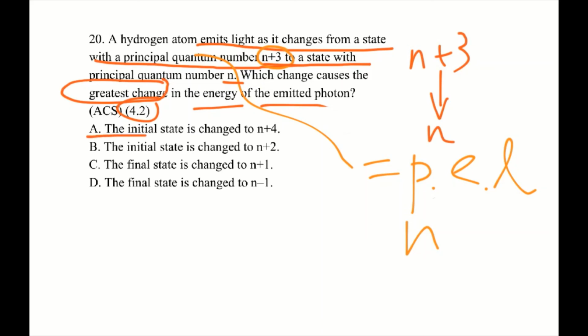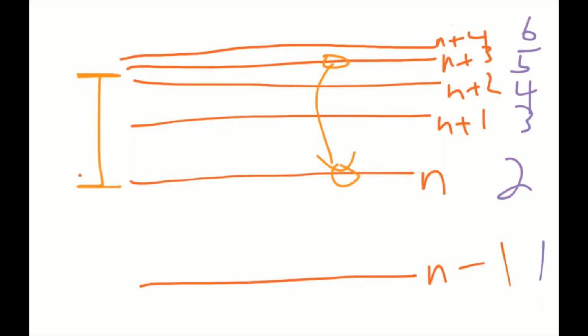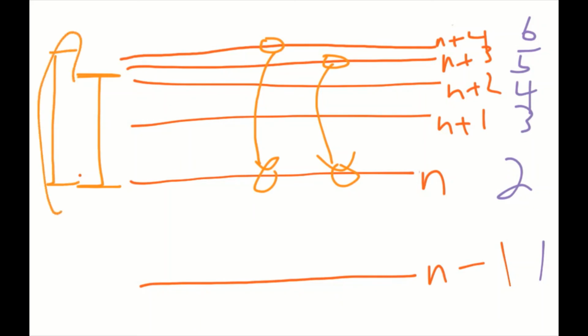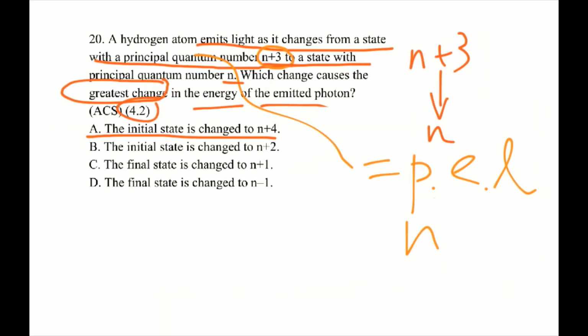A, the initial state is changed to n plus 4. So it's saying instead of n plus 3, it started off as n plus 4. So if an electron started at n plus 4 and it dropped to n, then it would release a photon with an energy that is this much, which is slightly greater than before. So we can label this as A. Now, what's the second answer choice?